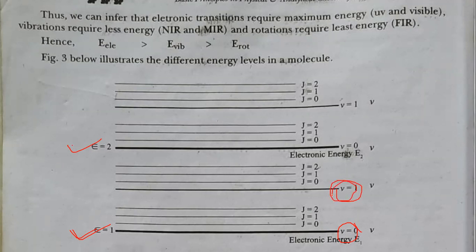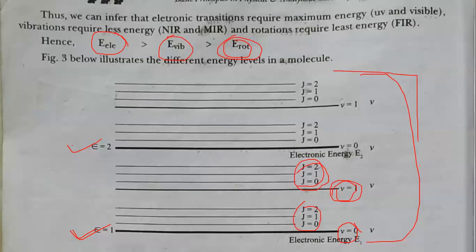And within the vibrational energy levels, there are the rotational energy levels. Therefore E electronic is more than E vibrational, and E vibrational is more than E rotational, as you can see from the diagram.